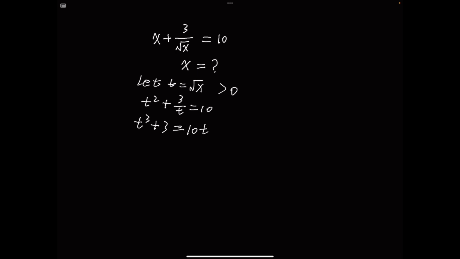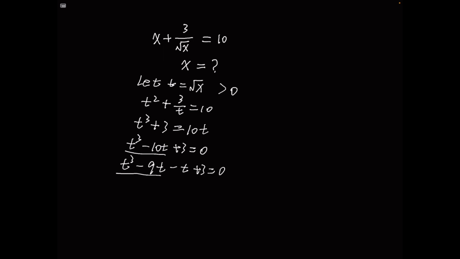So we move all terms to the left side, and we get t cubed minus 10t plus 3 equals 0. For the first two terms, we can make a difference of squares, so we can rewrite it as t cubed minus 9t minus t plus 3 equals 0.